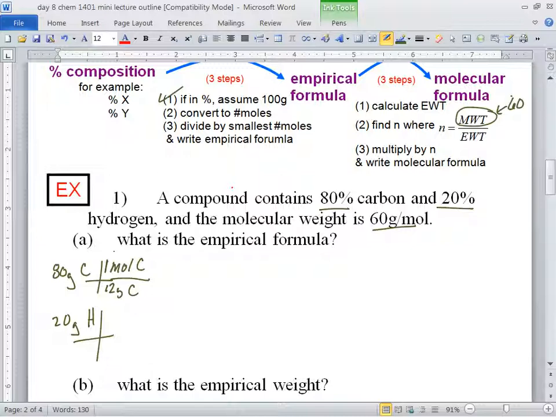Connor, how about the molar mass of hydrogen? 1. I think it's 1.01. I'm going to write the 01 because sometimes that makes a difference. But we'll see. It probably doesn't, since we're doing all this rounding anyway. Okay, 80 divided by 12.01.